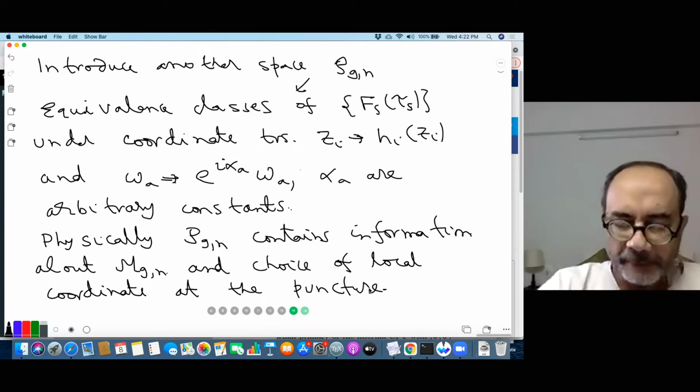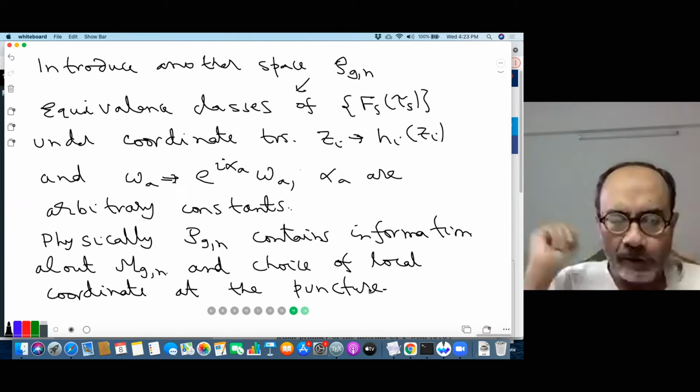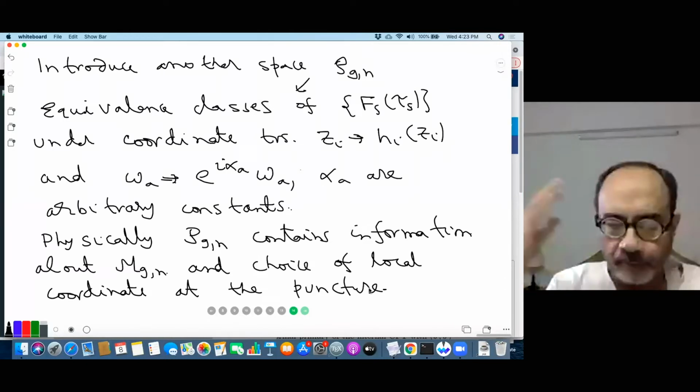In other words, if you make an arbitrary reparameterization of W, so W_a goes to some function of W_a, then that is changing the local coordinate system around the puncture. That is considered as a different point in PGN, because a point in PGN has a fixed choice of local coordinate system.